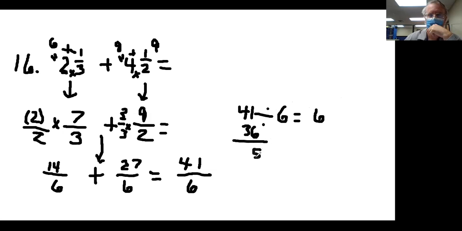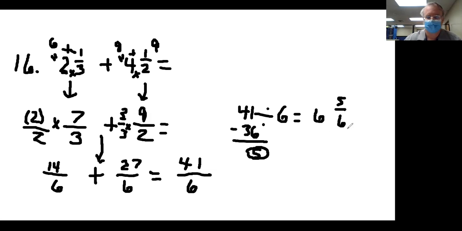The remainder, you take 41 minus 36, the remainder is 5. That's the numerator up here.